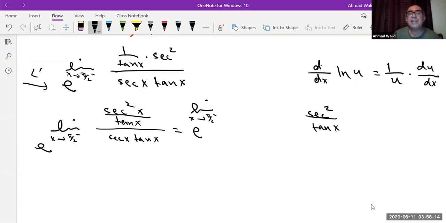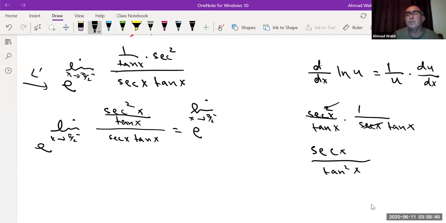Here you have secant x tan x over 1 actually. To simplify, you flip it: 1 over secant x tan x. Secant x cancels out with secant x. Then in the top, you have secant x over the denominator, tan x times tan x, which gives you tan squared x.